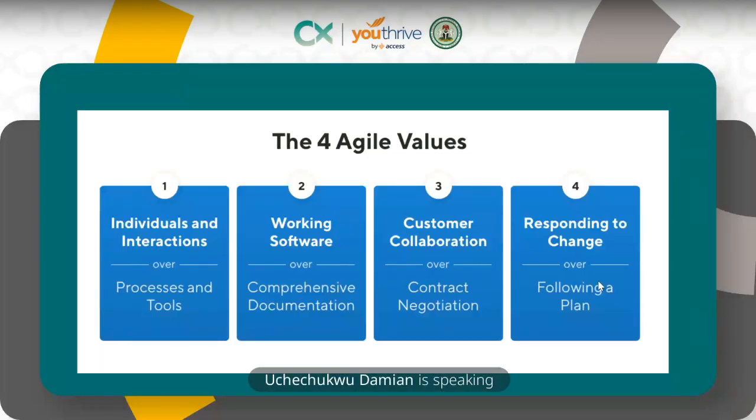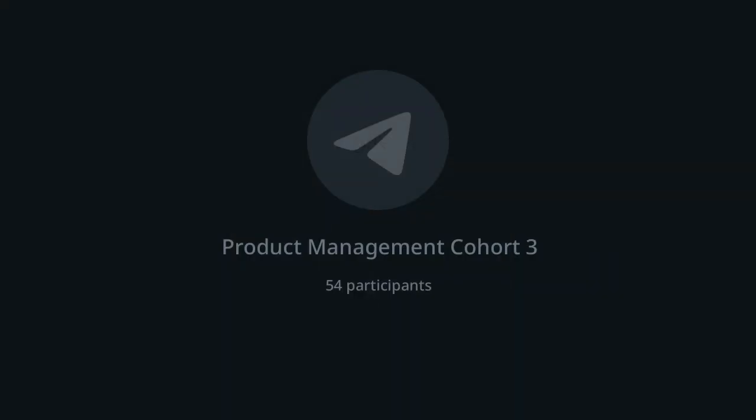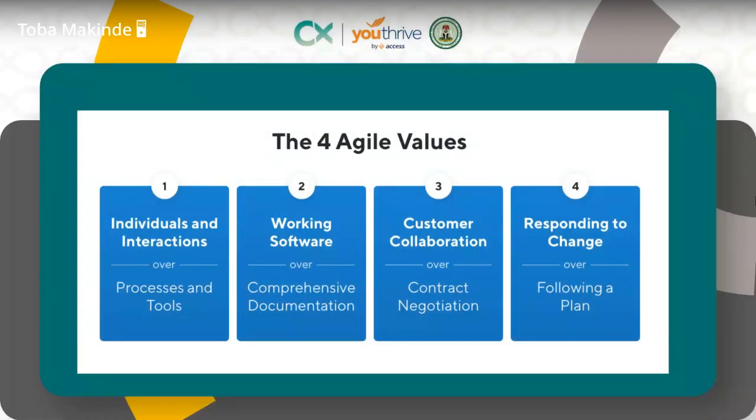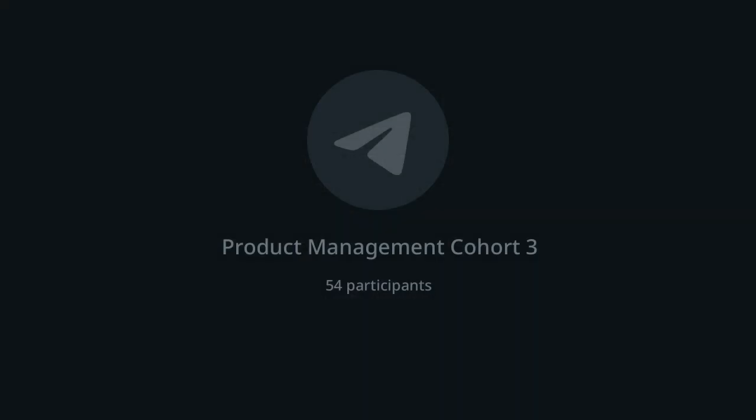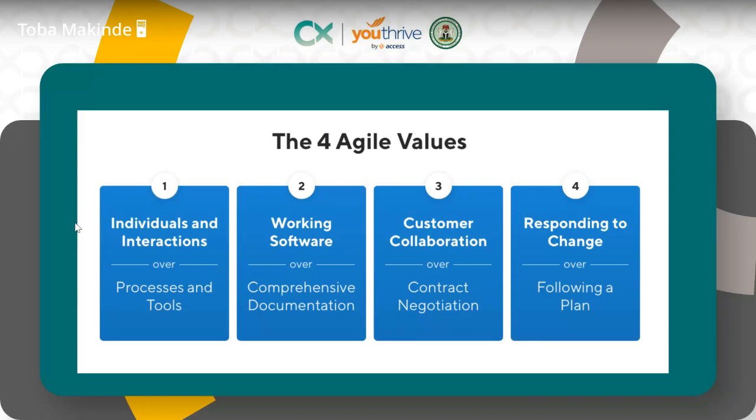Before you start thinking of what tool shall we use, what process, it is more concerned about who are the guys on your team, what are the individuals that you have working on your team. How are they interacting? How are they collaborating? Are they able to interact and things like that?